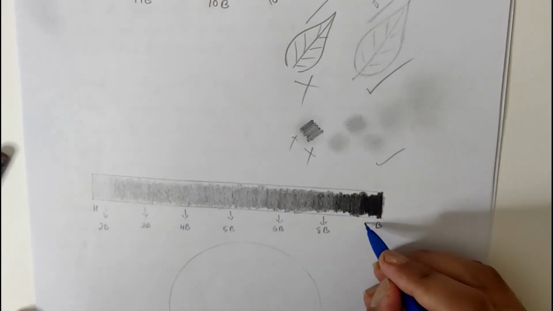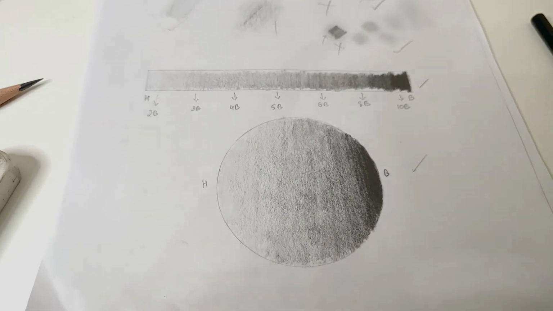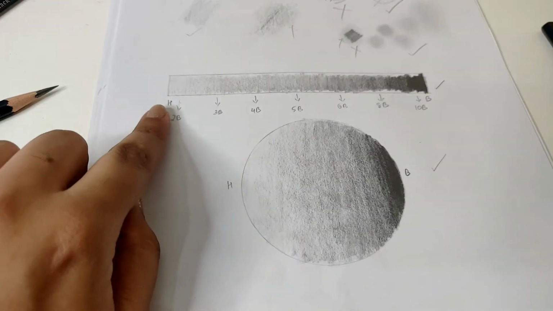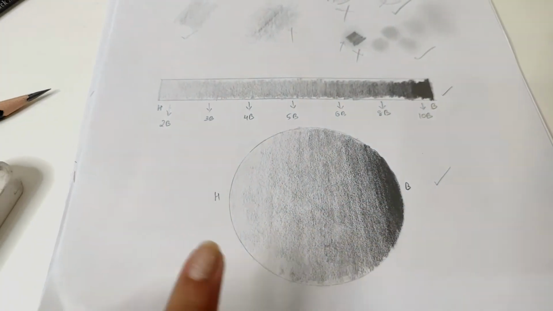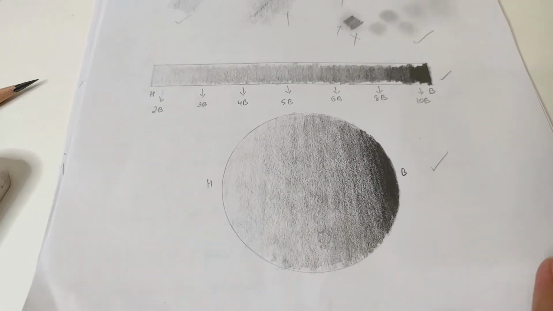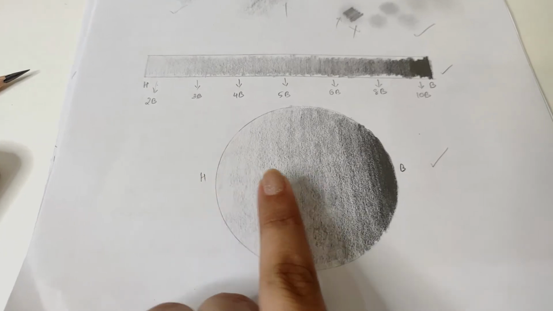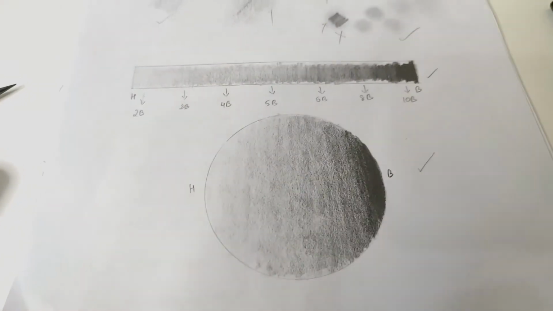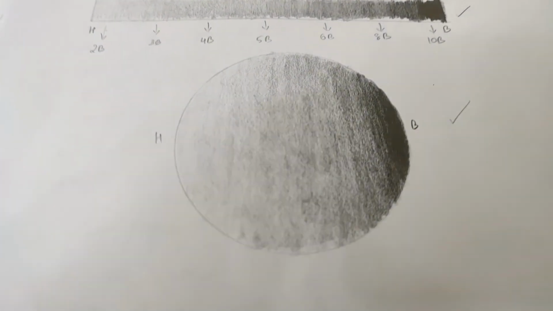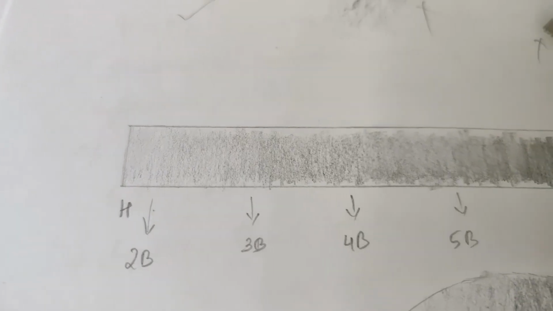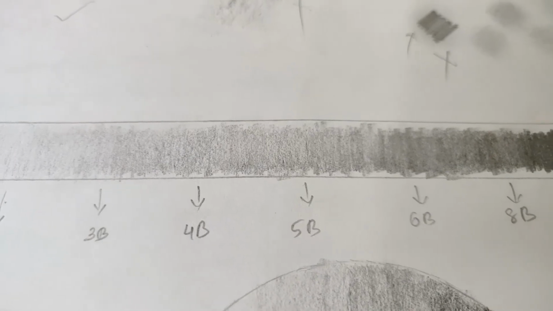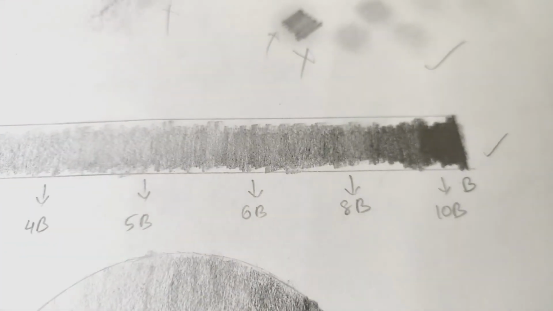That is what you have to mainly achieve while shading, because you should not be able to see the exact change where it shifts from one B to another B. There should be a smooth transition from lighter shade to darker shade without showing any dark smudges here and there, and that comes with practice.